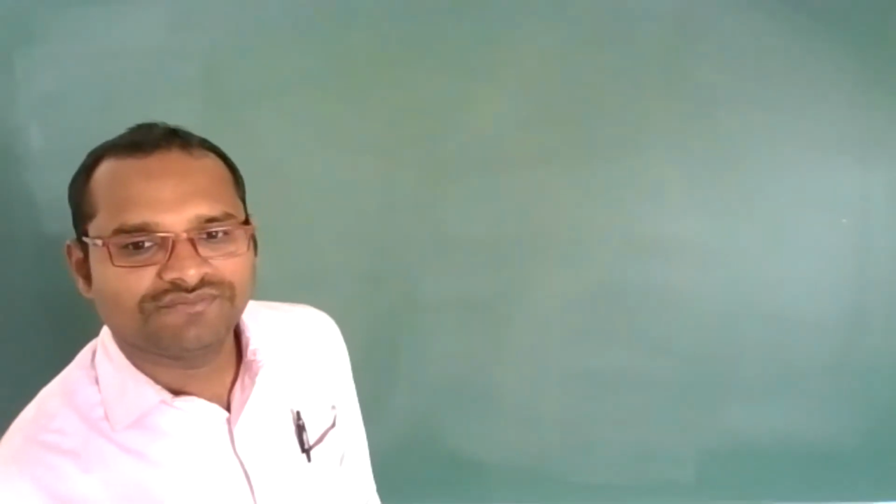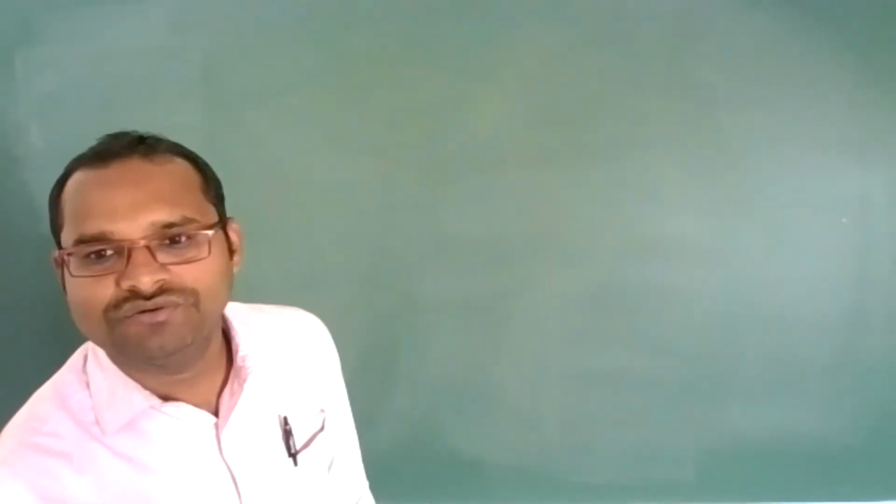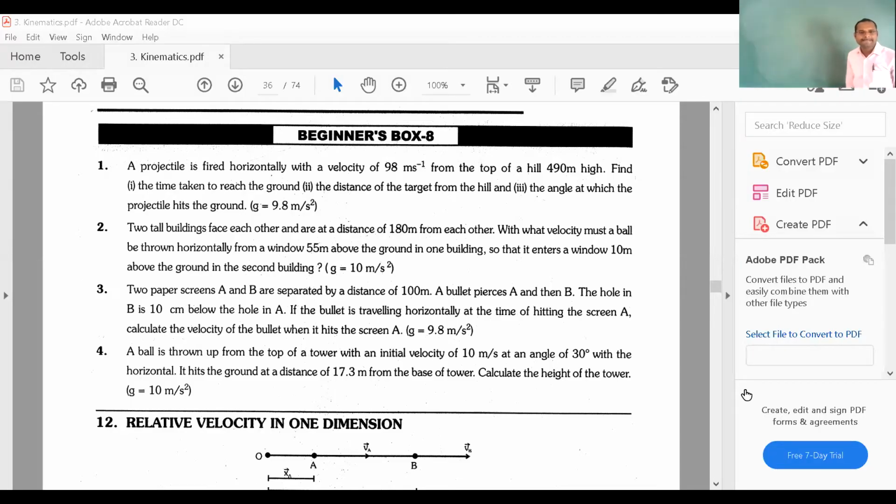Read the next question. Like this, if you have to solve all questions, it will be a time taking process. Question number 3. They are given that two paper screens A and B are separated by a distance of 100 meters.